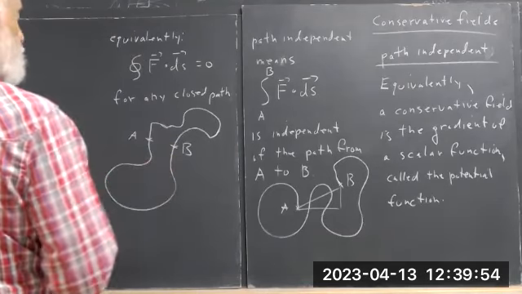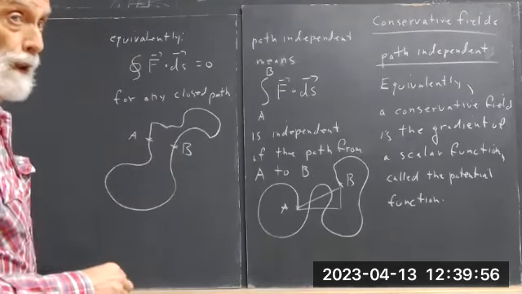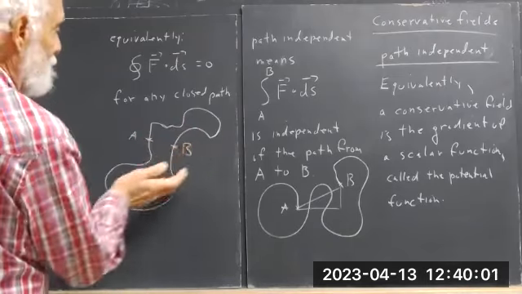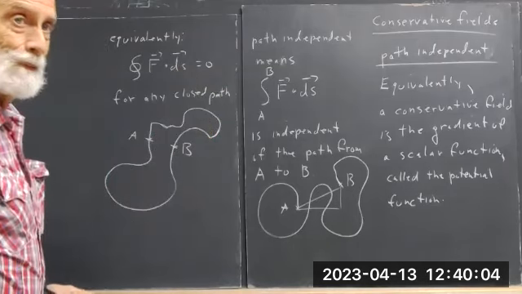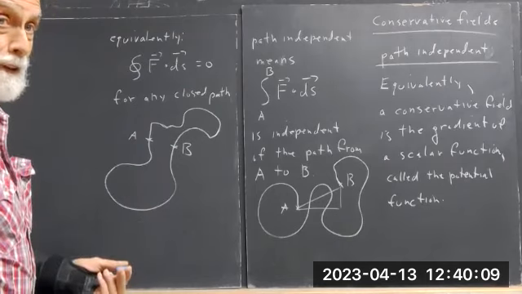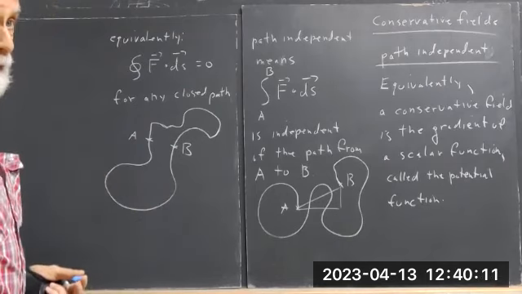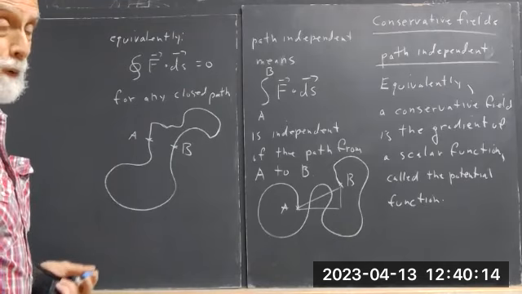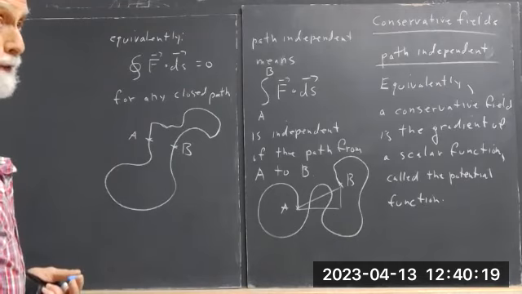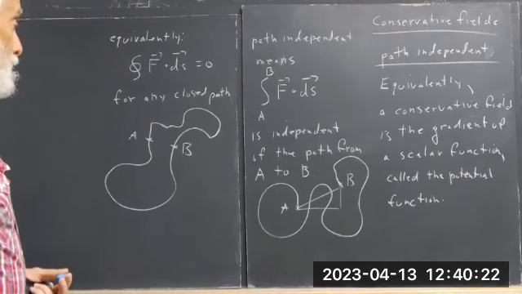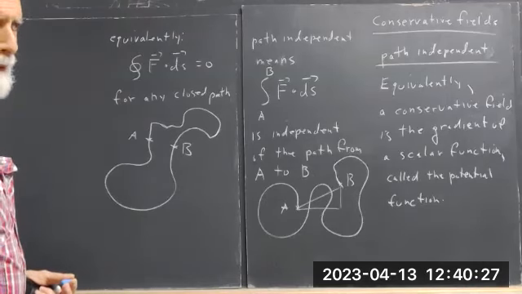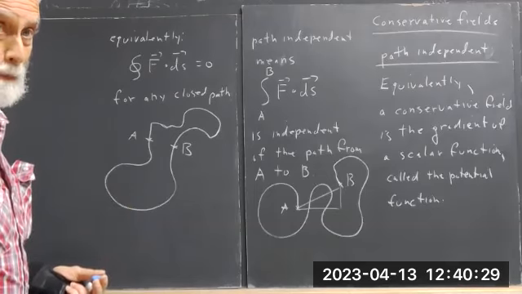Well, if you choose a direction along the path, and usually we choose a positive direction with our right hand, we go counterclockwise. But sometimes it's really hard to figure out whether the thing is clockwise or counterclockwise. As a matter of fact, on some spaces, for example on a Möbius strip, you can't define clockwise or counterclockwise.